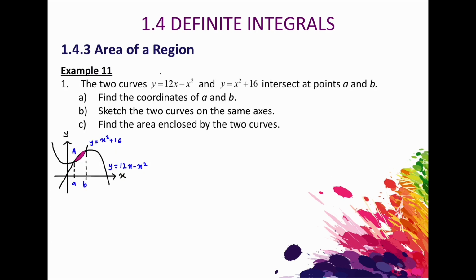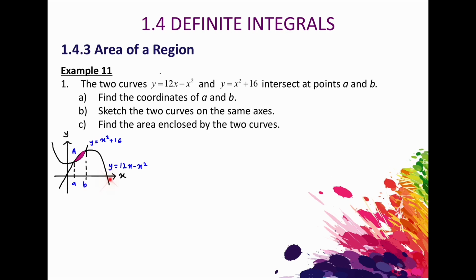Now let's try example 11, question 1. The two curves y equals 12x minus x squared and y equals x squared plus 16 intersect at points A and B. So first we're going to find the coordinates of A and B. Here is the diagram.